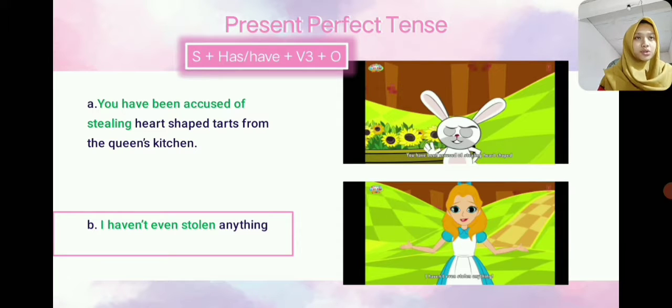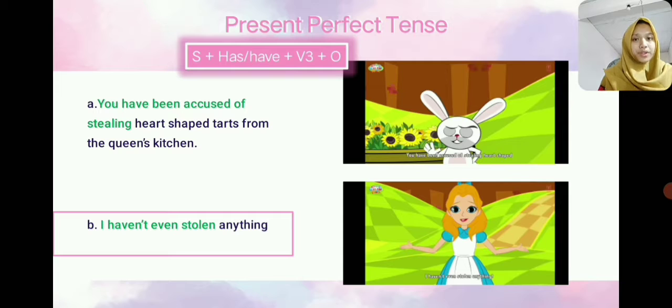Cat says to Alice that she has been accused of stealing heart-shaped tarts. This means that the action began in the past and continued to the present time, that Alice has been accused in front of people and animals.